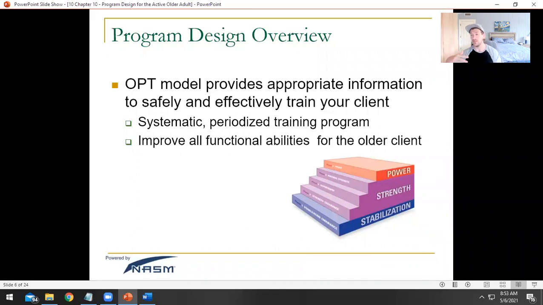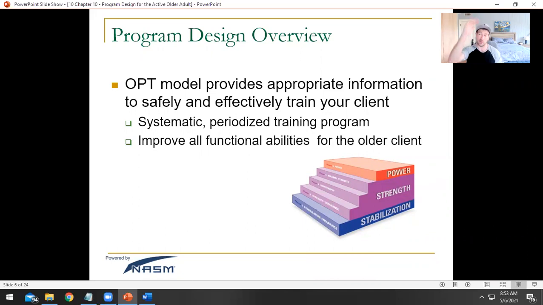The OPT model is really great because it is a progressive model. Whatever phase you just got done doing is going to lead to you more effectively training in the next phase. It's your foundation. Everything is a foundation leading up. So it's very systematic.